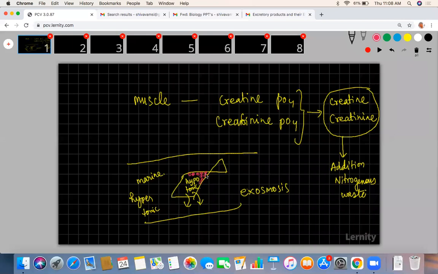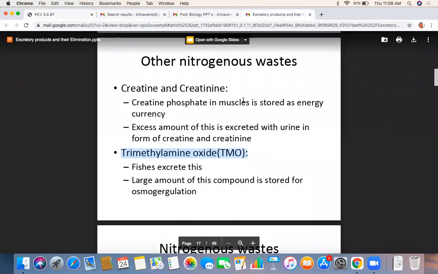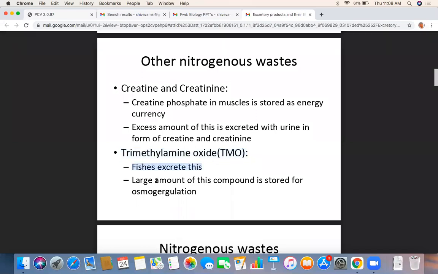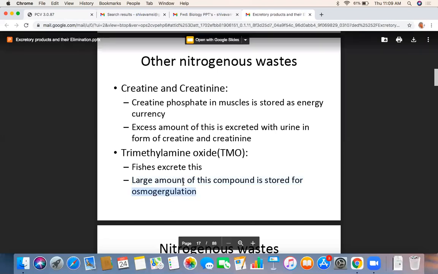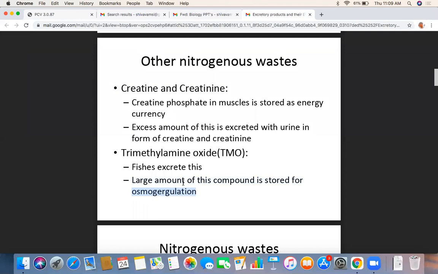What is that something it is trying to accumulate? That is trimethylamine oxide, TMO. Fishes will excrete this. A large amount of this compound is stored for osmoregulation inside the fish's body. We have saved a lot of it, and from time to time it will excrete that also.